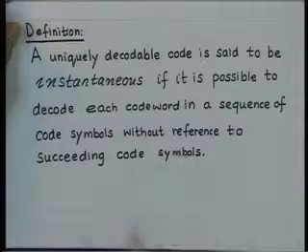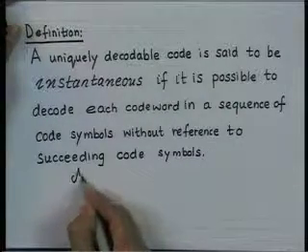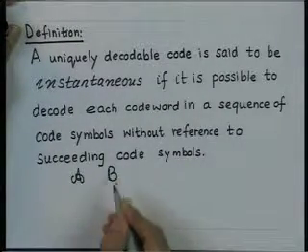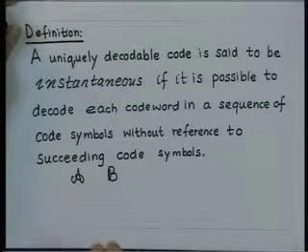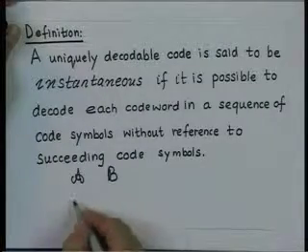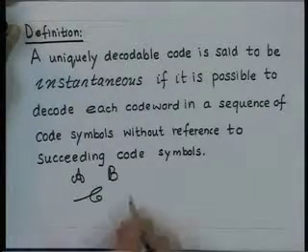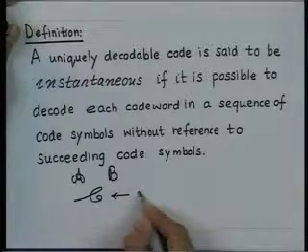So in the light of this definition, code A and code B both are instantaneous, whereas code C is not instantaneous.